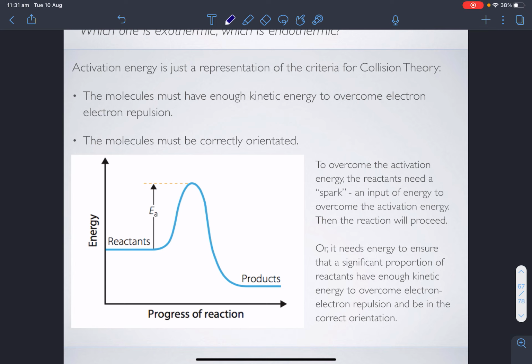So to overcome the activation energy, the reactants need a spark or an input of energy to overcome this electron-electron repulsion, and also get enough collisions that are correctly orientated. So activation energy is collision theory. Graphically we see it as this hump of energy that's needed. It's just collision theory.